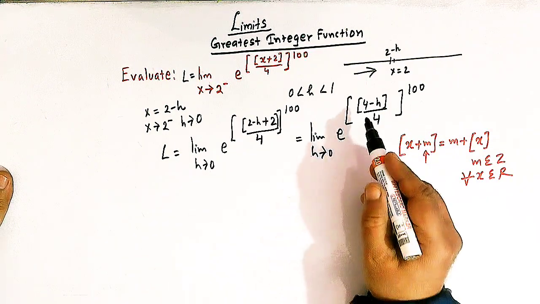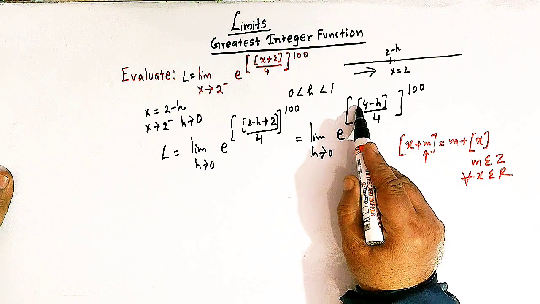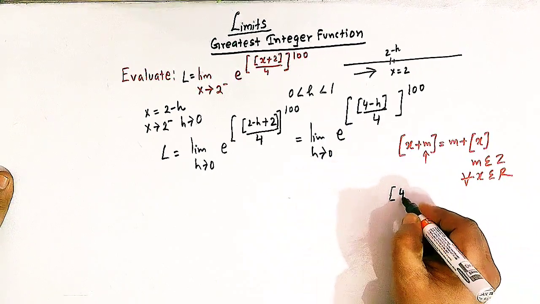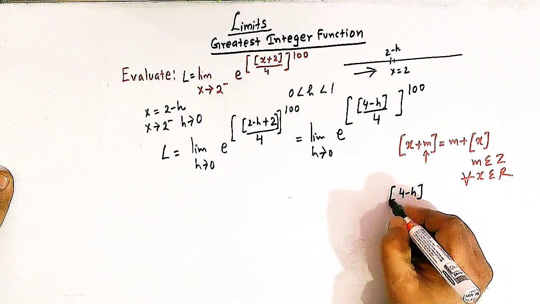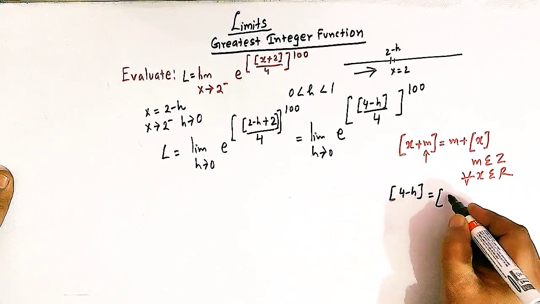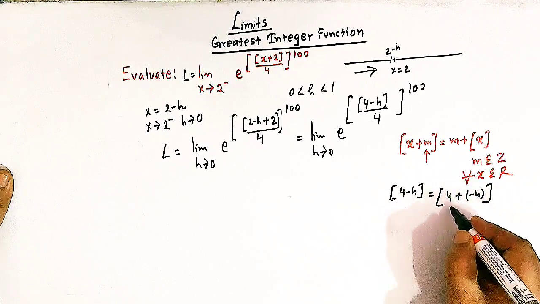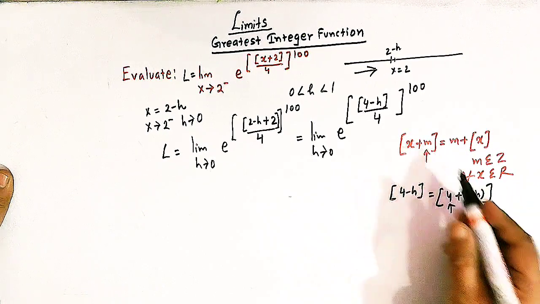So now we can rewrite greatest integer of 4 minus h as greatest integer of 4 plus (minus h), and we can take this 4 as m.